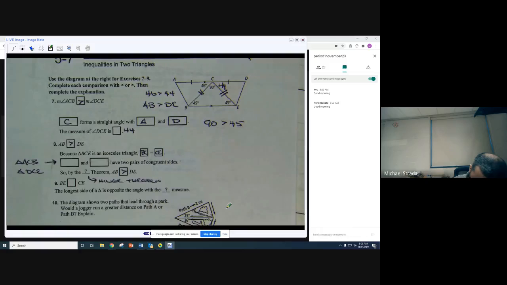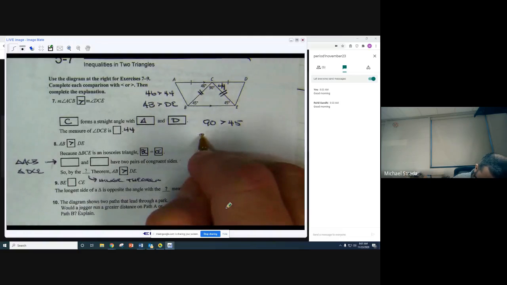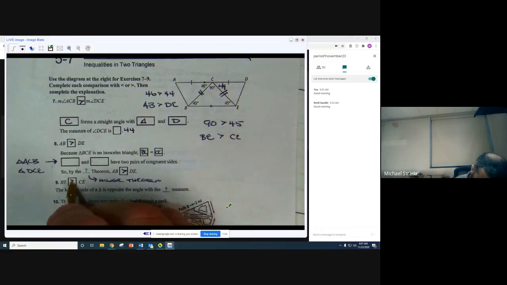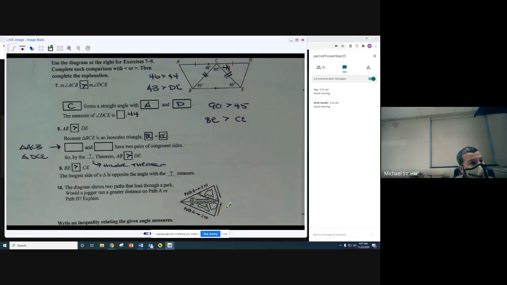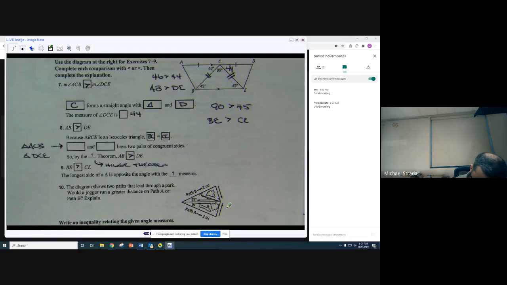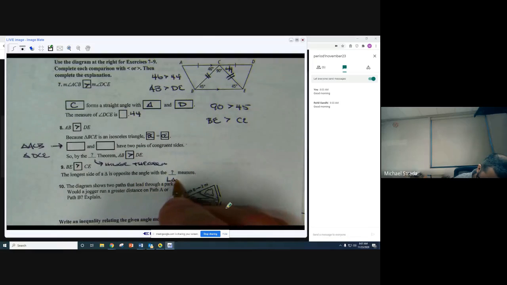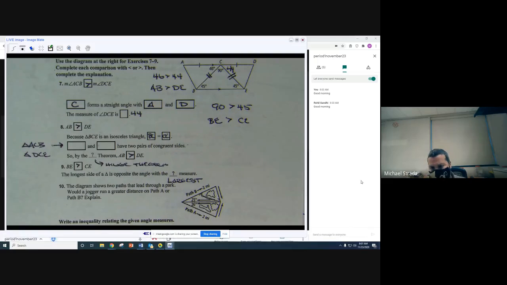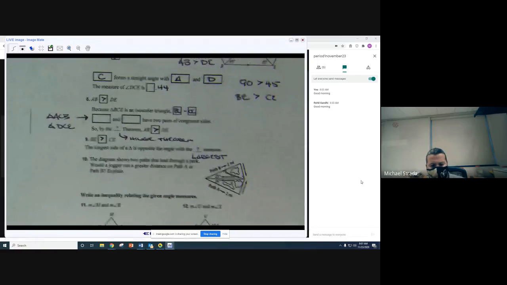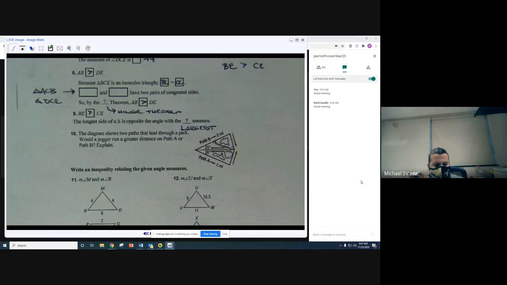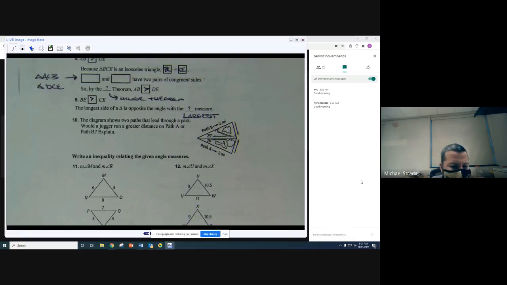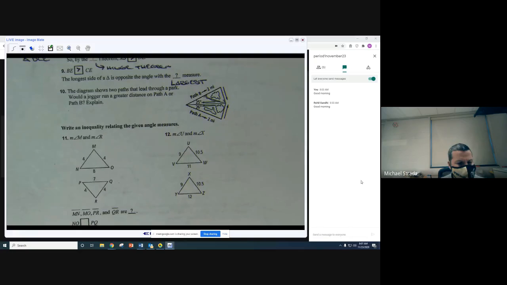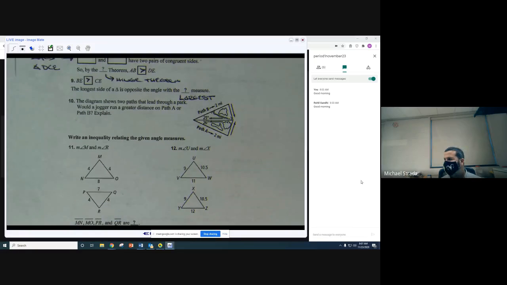Since 90 is bigger than 45, that allows us to say BE is greater than CE. The reason being, the longest side of a triangle is opposite the angle with the largest measure. All right. Pretty good?